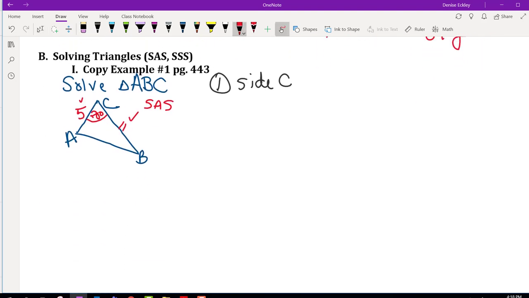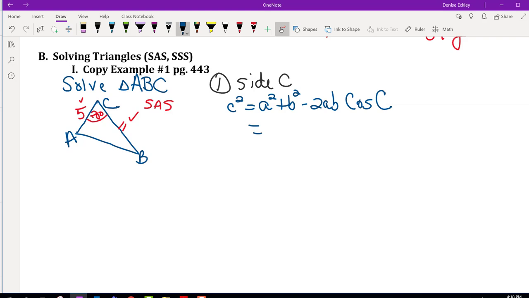We're going to start with c squared equals a squared plus b squared minus 2ab times the cosine of angle C. You just fill everything in, take the square root, and you're good.